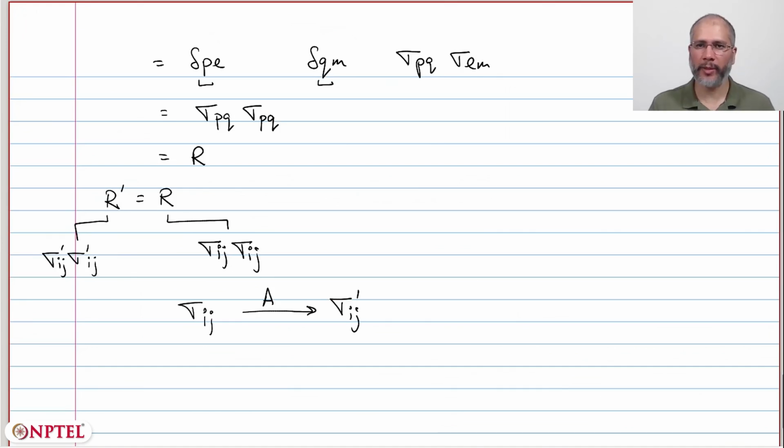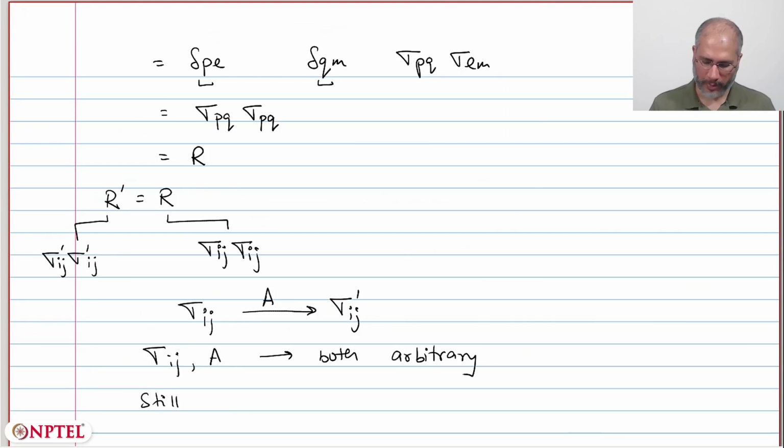We had not decided on any particular sigma. So sigma and A both were arbitrary. Still, the quantity R transformed to R prime, which is exactly the same as R. So it did not change.